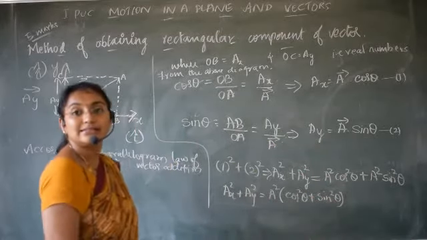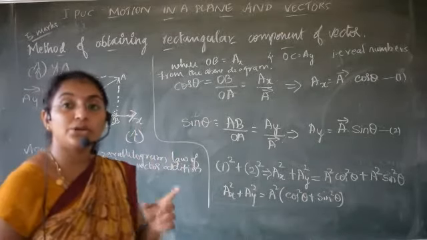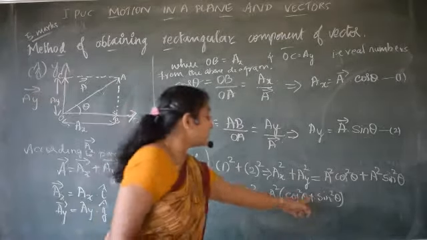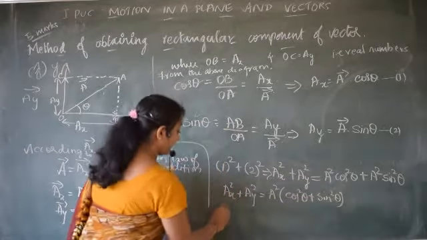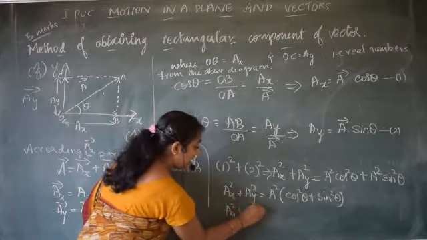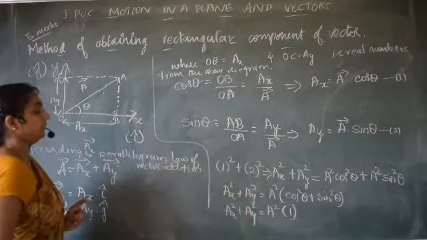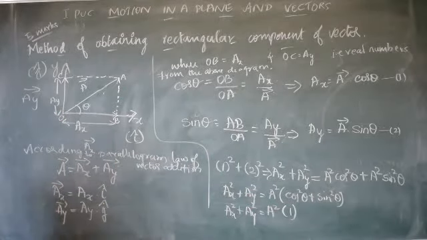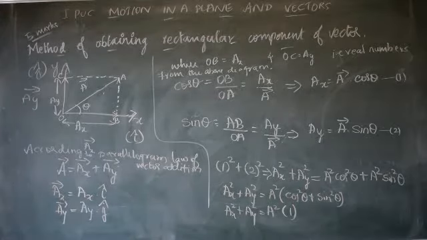Again, your 10th standard trigonometry, sin square theta plus cos square theta is equal to 1. Therefore, I can write AX square plus AY square is equal to A square. Am I right? Shall I move further? Understood till here? Next.